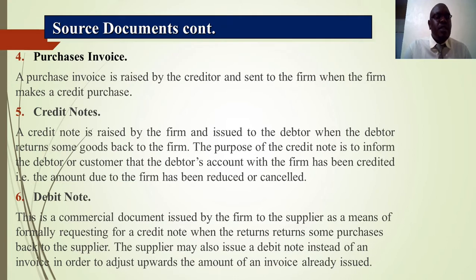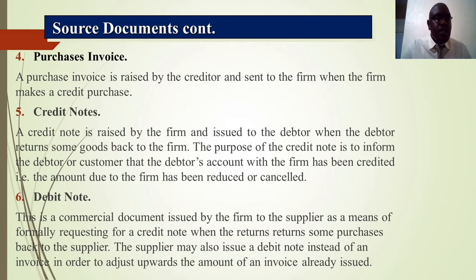So the purpose of the credit note is to inform the debtor or the customer that the debtor's account with the firm has been credited. That is, when the account of the debtor is credited, usually it means that the amount we expect from this debtor has reduced, has gone down.